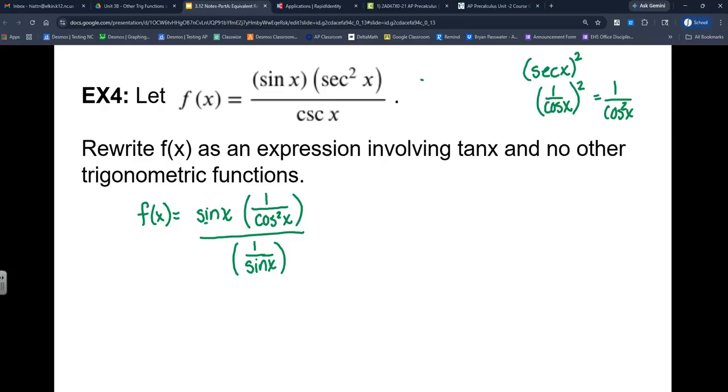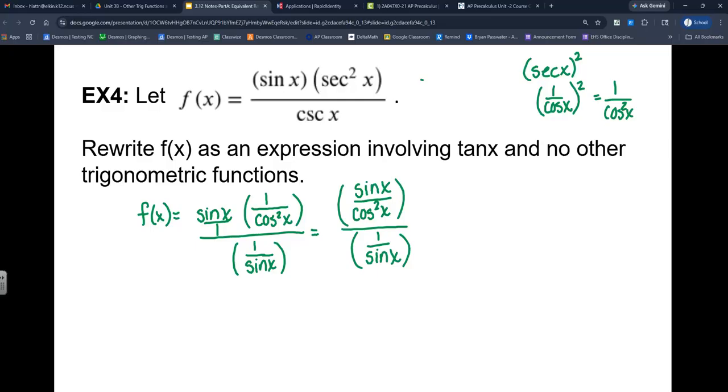But sine, I can put that over 1. And so, if I multiply these two together, I would get sine x over cosine squared x, over 1 minus sine x.